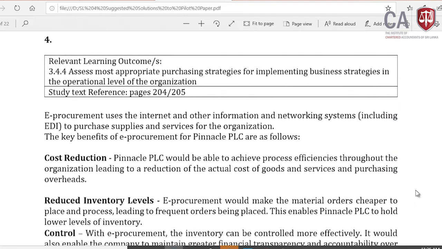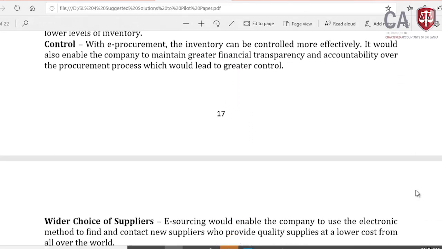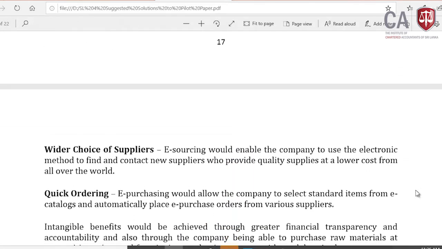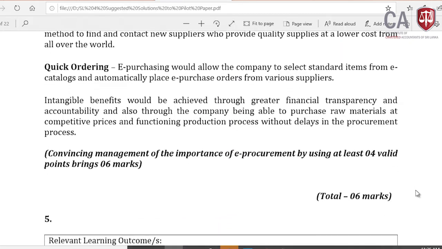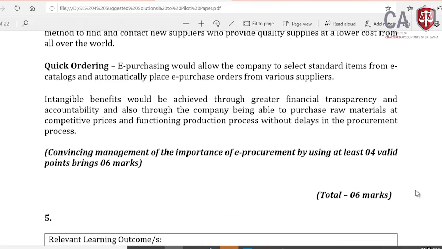So: cost reduction, reduced inventory levels, control, wider choice of suppliers, quicker ordering. The examiner says convincing management of the importance of e-procurement by using at least 4 valid points brings 6 marks. If you can show at least 4 valid points, then you can get 6 marks.